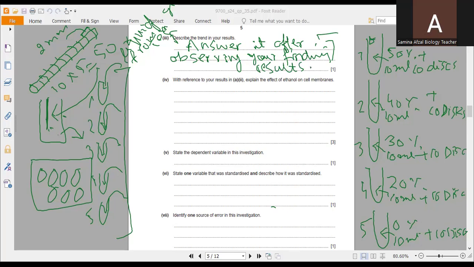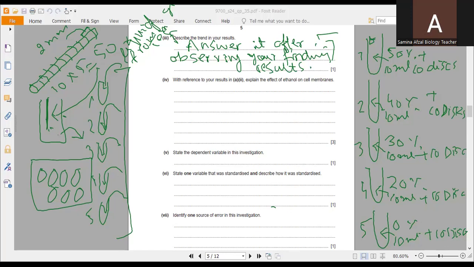With reference to your results, explain the effect of ethanol on membranes. Again, you will answer according to your results which you have obtained at that time.